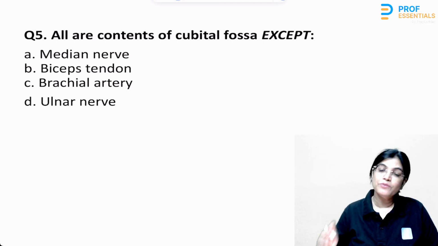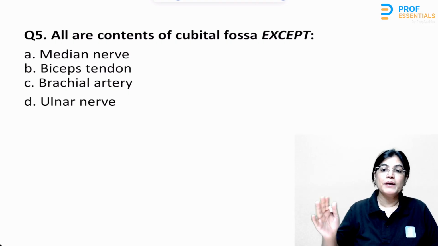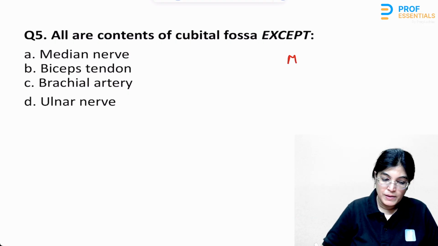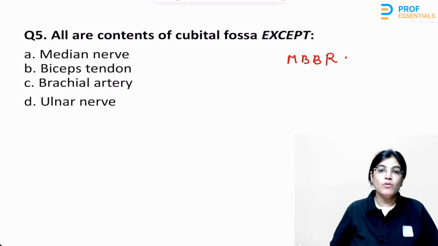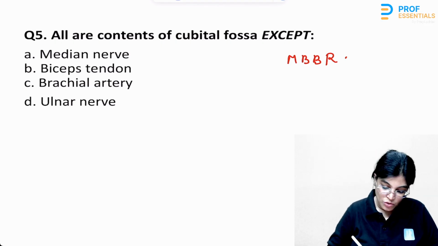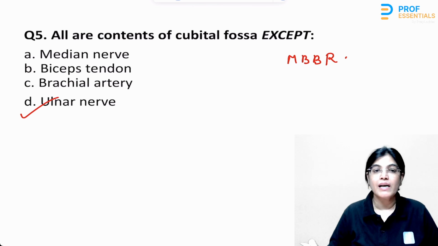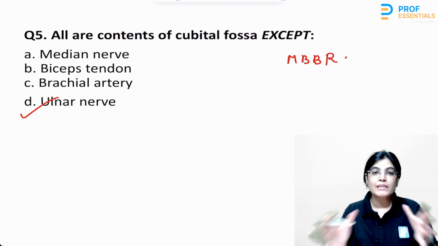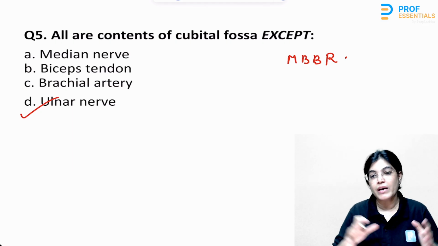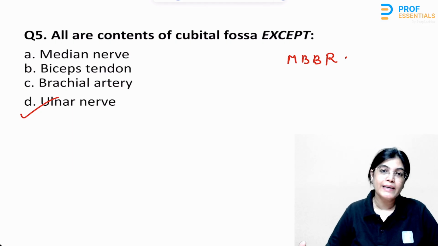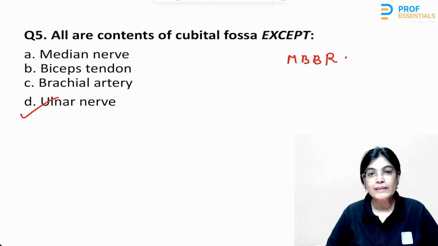Its contents from medial to lateral are MBBR. The medial-most content is the median nerve, then the brachial artery, the biceps tendon, and the radial nerve. So ulnar nerve is not a content of the cubital fossa. All other structures mentioned, median nerve, biceps tendon and brachial artery, are prime contents of the cubital fossa.